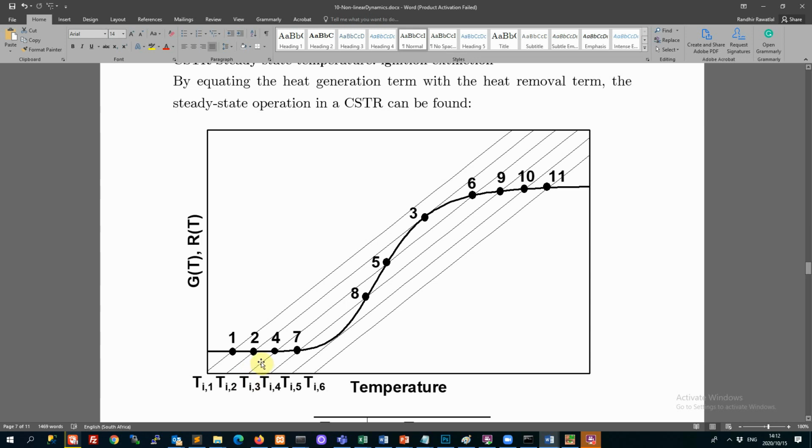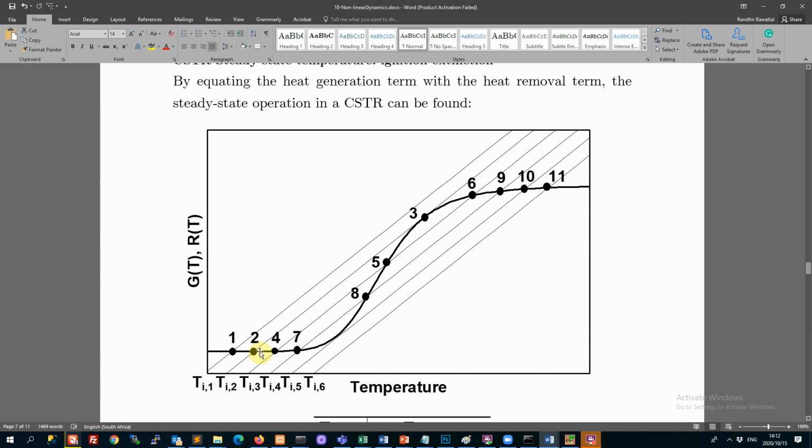If you pick a point here on this line, you can see that your generation term is higher than your cooling term, right? So if we pick this temperature here, you can see your heat generated is more than your heat removed.